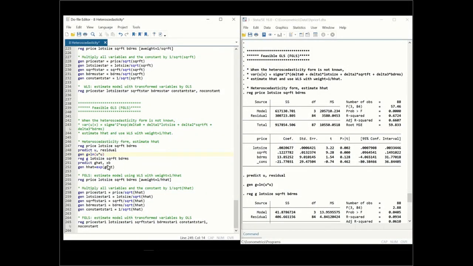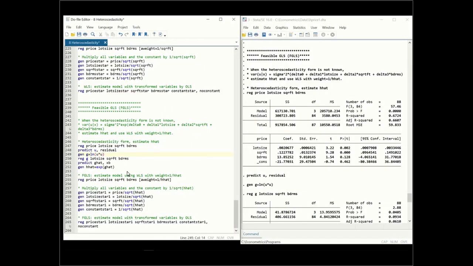We predict the fitted values from here, and then take the exponent of these predicted values to get h hat. The reason why we take the logs and then the exponent is just to ensure that we get a positive variance. Otherwise, that would not be necessary.